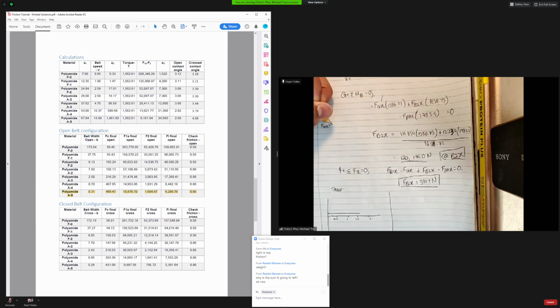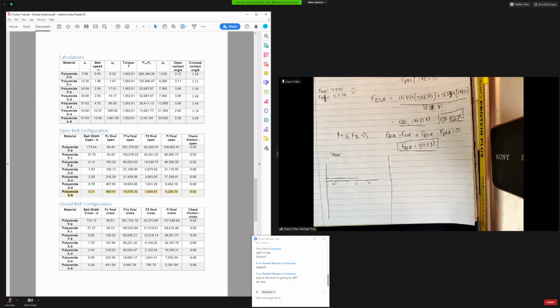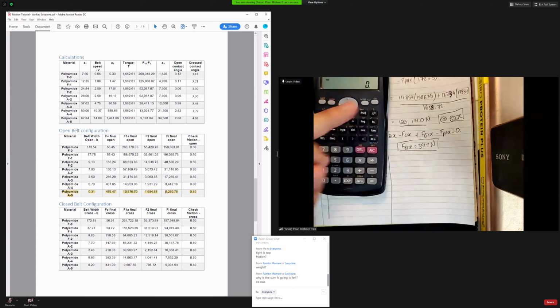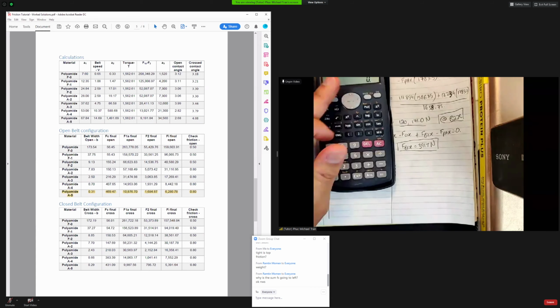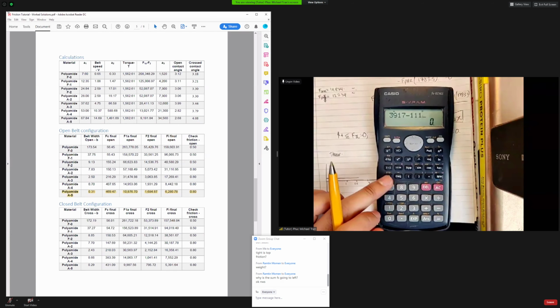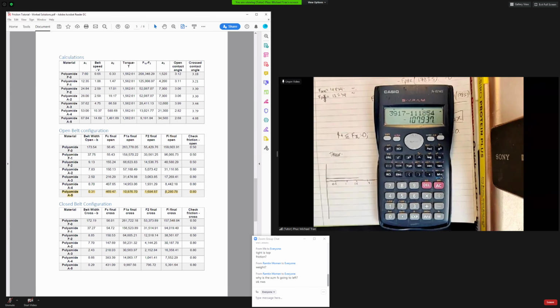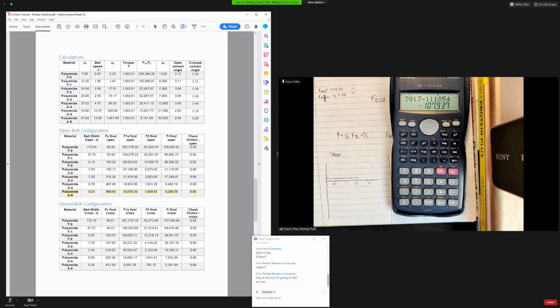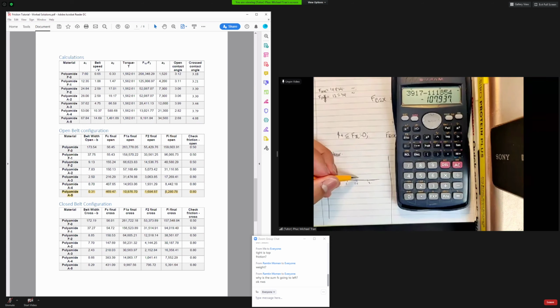FGX equals FPY equals FPX equals 12,234 roughly. So 3917 minus FGX, minus 107. It's pretty much 110. Down. I'll label that.